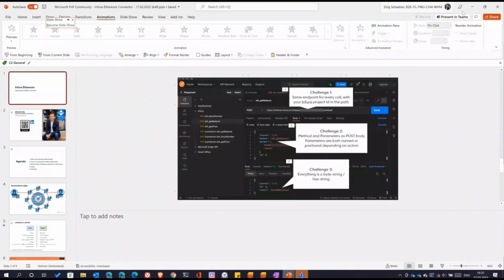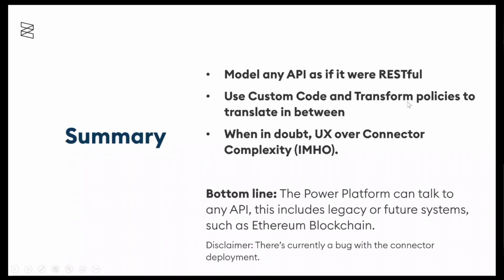So let me quickly jump back to the presentation. A quick summary of my learnings. So basically model any API as if it were RESTful, regardless if it is RESTful. So you have seen that for the JSON-RPC one. Then use custom code and transform policies to translate in between.